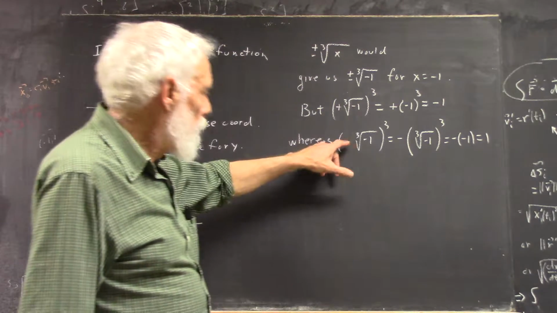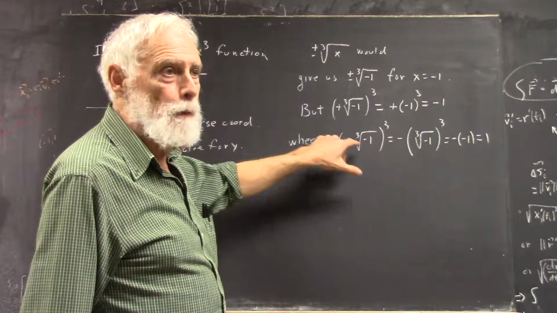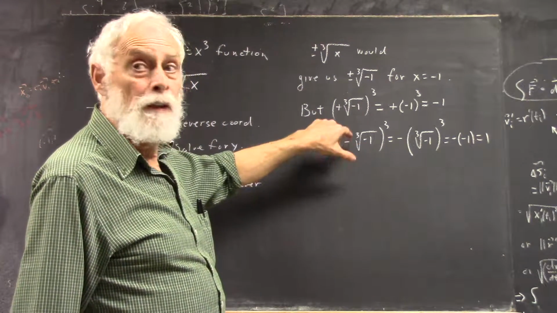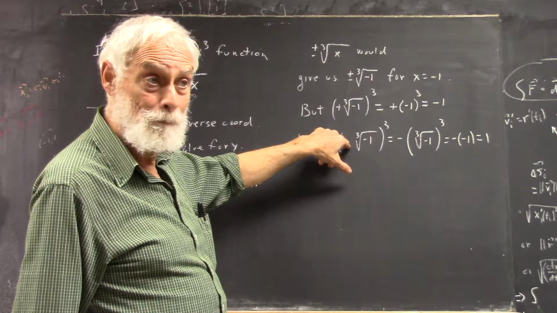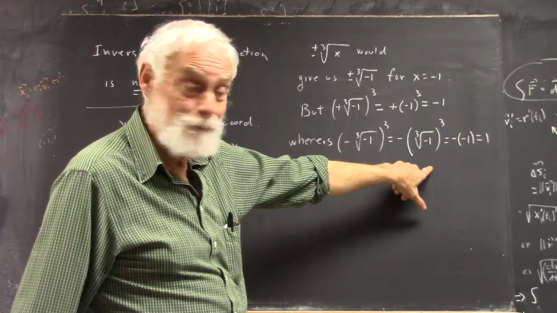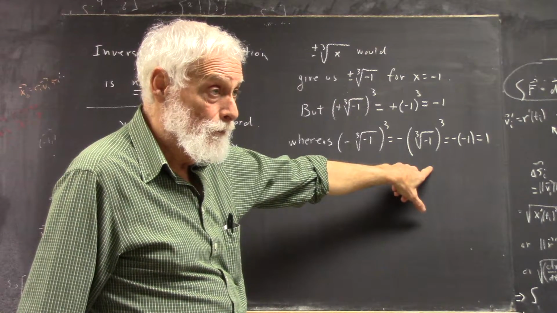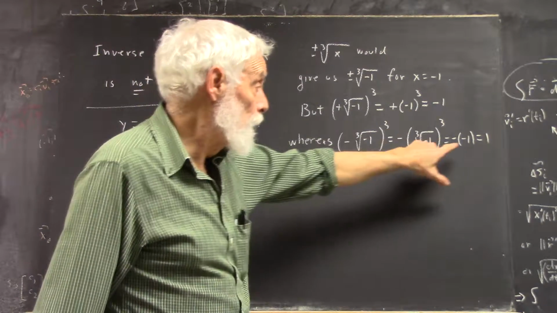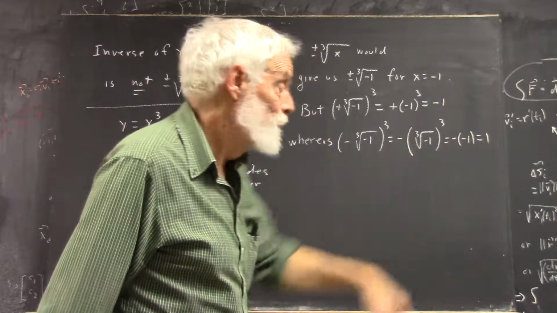But if you cube the negative of something, you're multiplying a negative by a negative by a negative, right? So you get the negative cube of that thing. And the cube of this thing is -1, so you get 1.